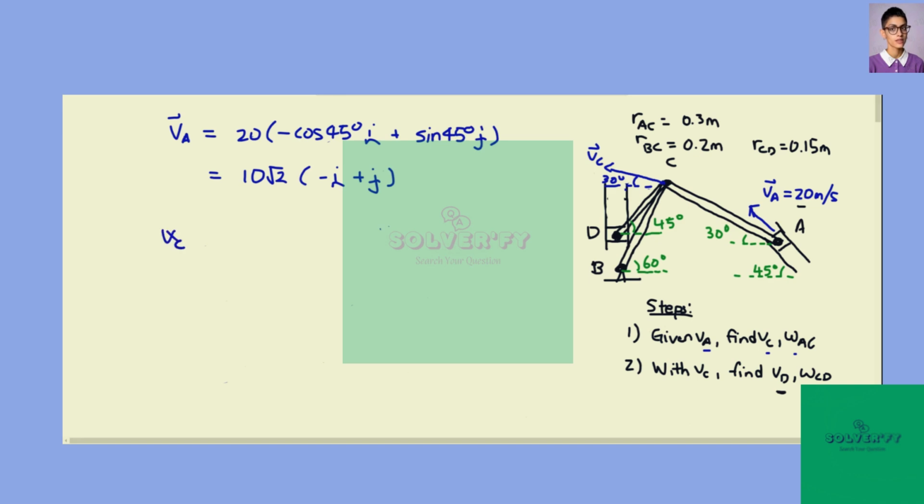From the diagram, B is fixed, so VC is 90 degrees to RBC.